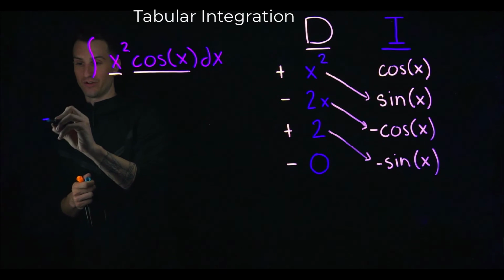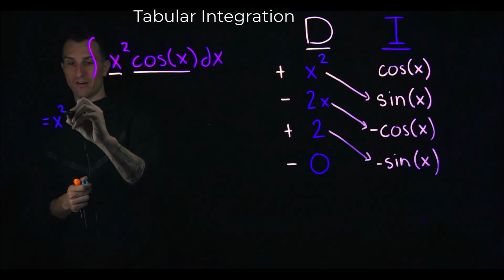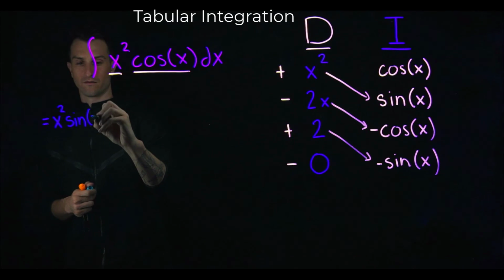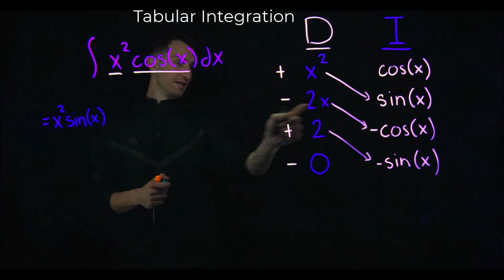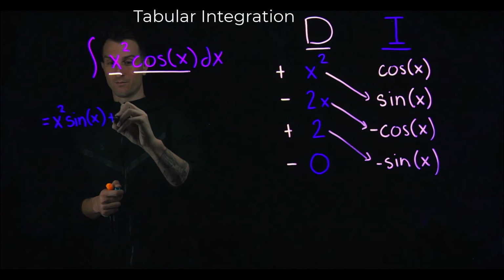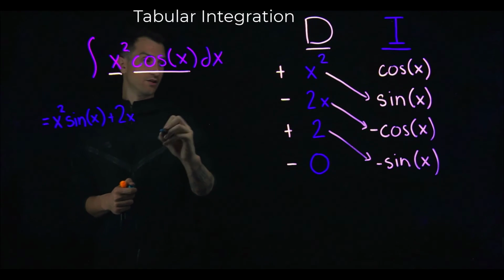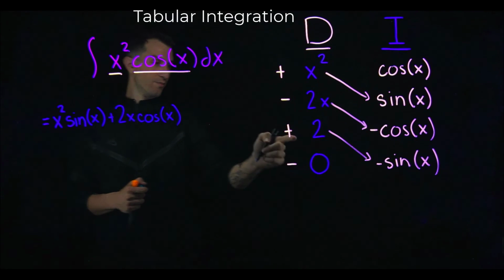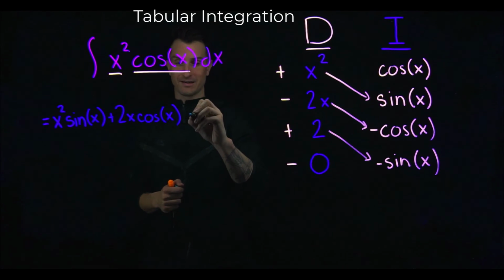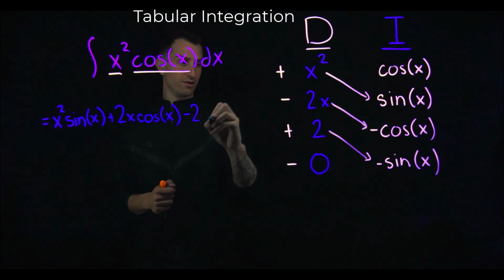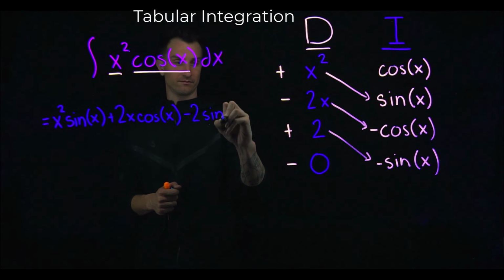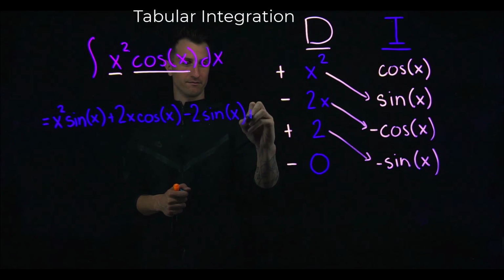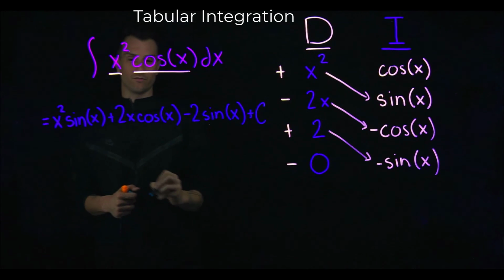So this is equal to x squared sine of x, negative negative, so plus 2x cosine of x, plus minus 2 sine of x, plus c. And that is it. We are done.